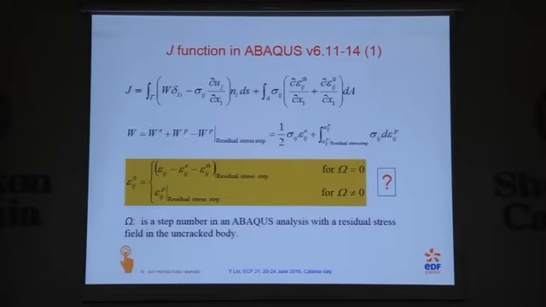The Abaqus definition equation is exactly the same as the one I defined, published in 2010. But be careful here: Abaqus's equation doesn't include thermal strain, but my definition does include thermal strain.